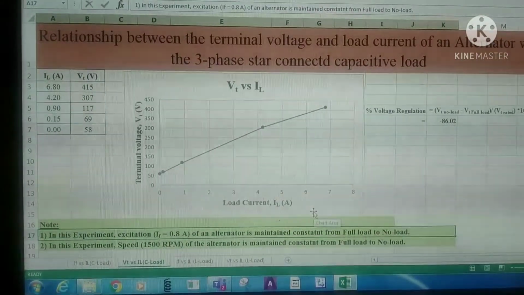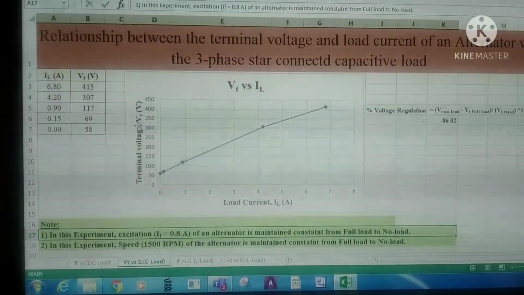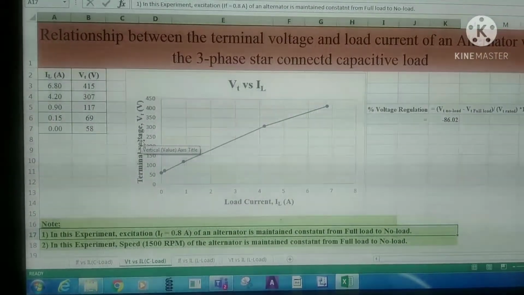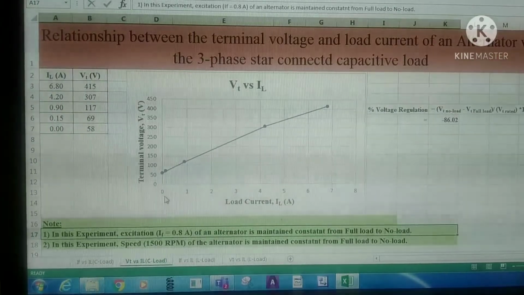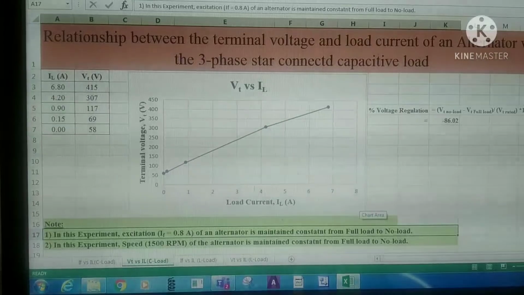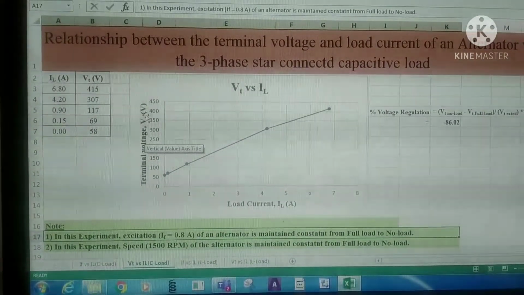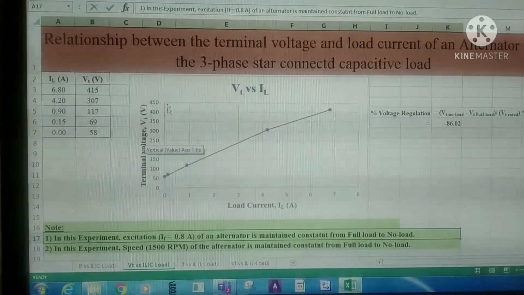On the x-axis we have taken the load current in amperes, on the y-axis the terminal voltage in volts. If we observe these characteristics, as load current increases, terminal voltage will increase.